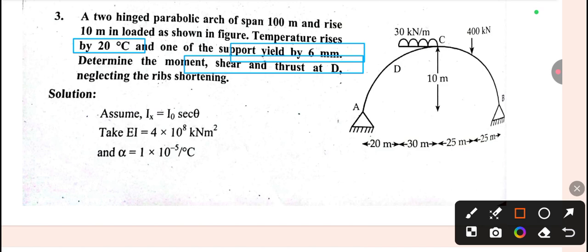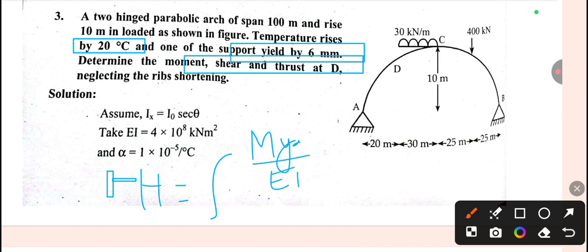The basic formula for the calculation of horizontal thrust is H equals integration of M y dx by EI, divided by integration of y square dx by EI.